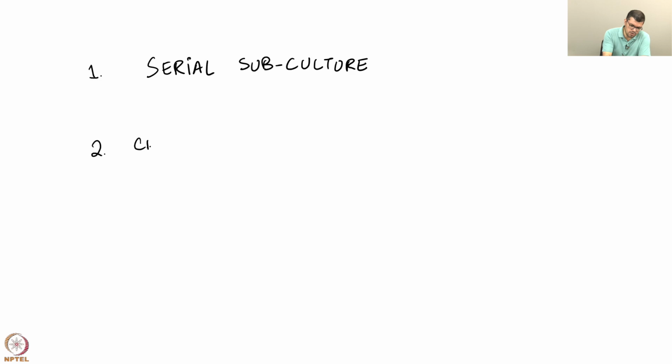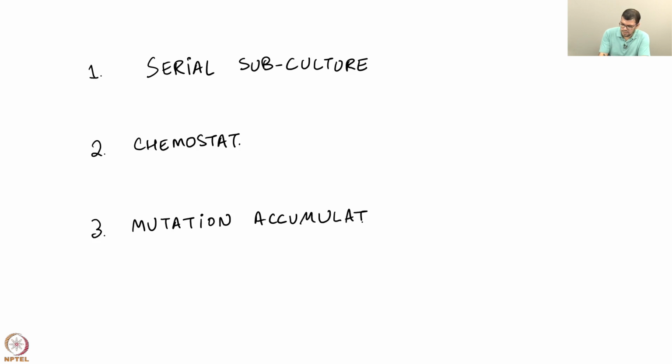The second one is called chemostat, something that we have been looking at through the course and is not very frequently used in labs which study evolution. And the last one is called mutation accumulation, also just in short called MA experiments.